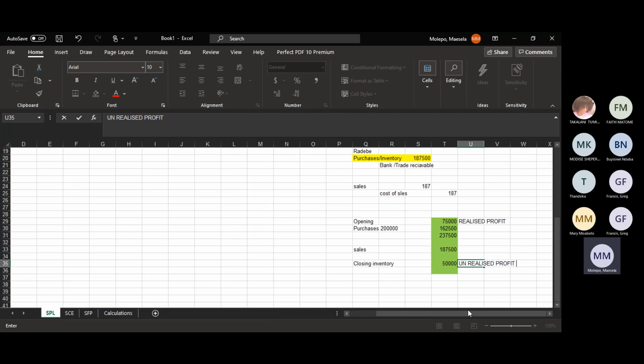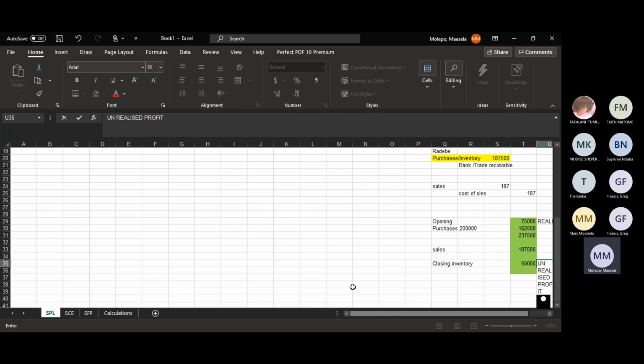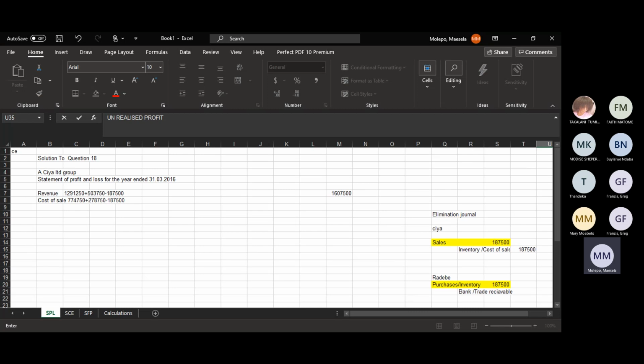Now we go back. What does the unrealized profit do in our income statement? Does the realized profit, we add it or we subtract it? It was unrealized last year. Now it's becoming realized. When we were doing the books of last year, 2015, that 75,000 profit was unrealized, so it was added last year.